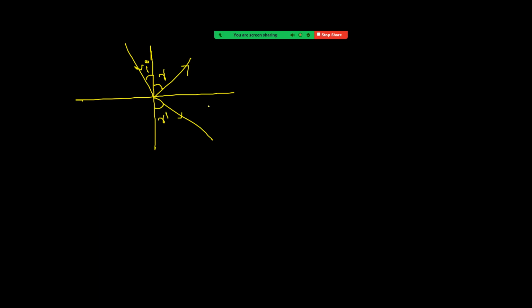This is r dash. So condition given that r plus r dash is 90. This is one condition given. And we are knowing that angle of incidence is equal to angle of reflection. i equal to what? This is known. And this is a given condition. So we have to find critical angle.